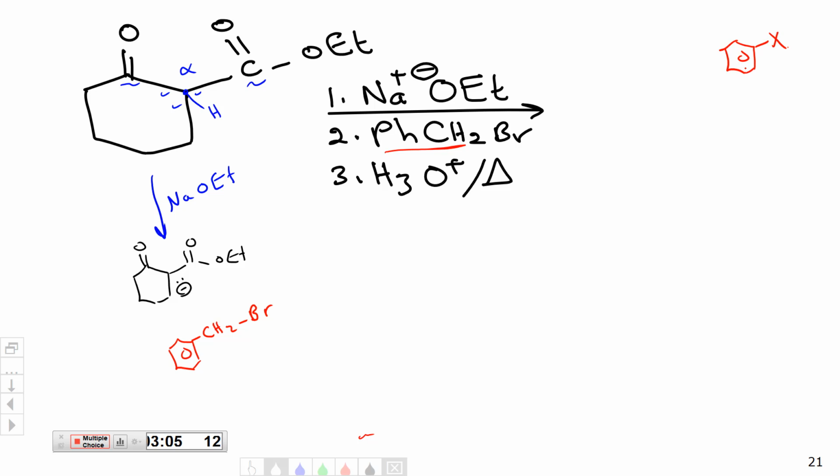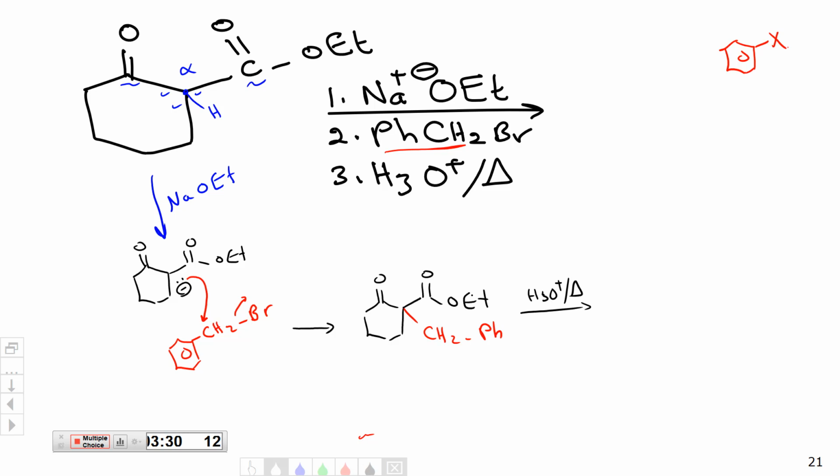But if it is a benzyl, with one carbon attached to the benzene ring, the reaction will take place. So the next step: I'm going to refer to the benzene as Ph just to save some space here. The last step is H3O plus, heat.